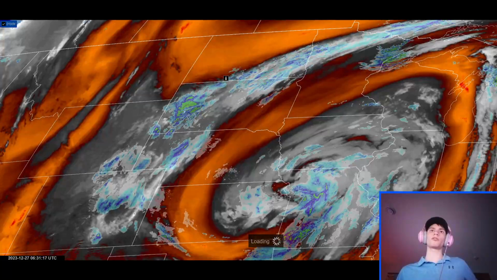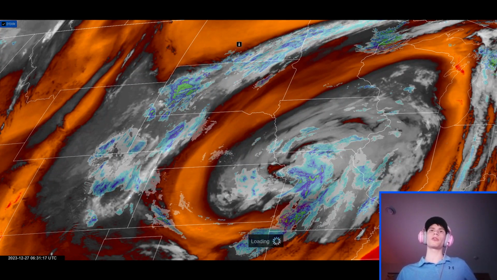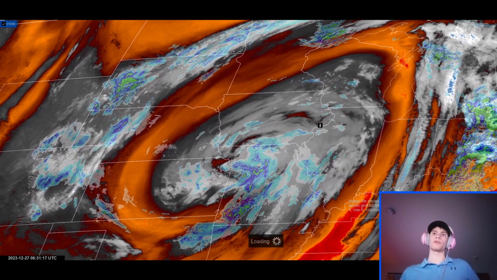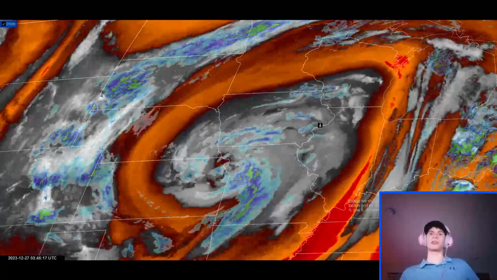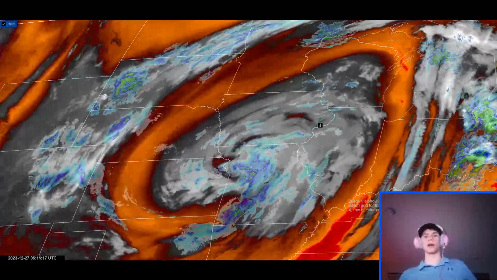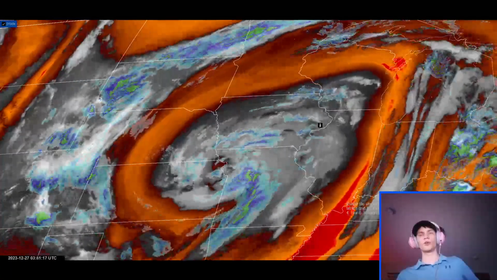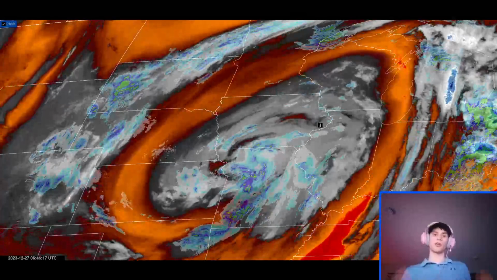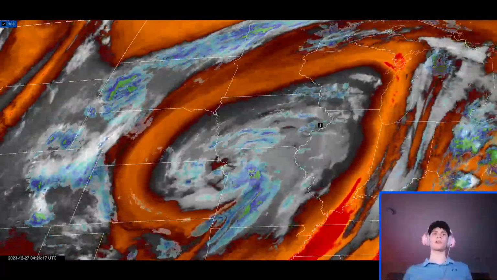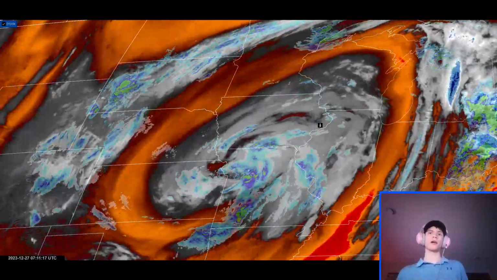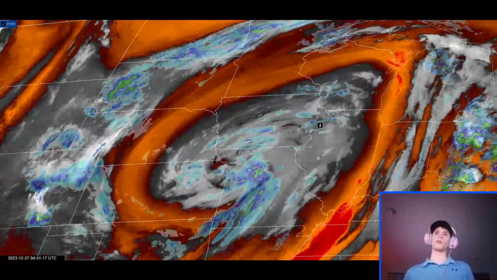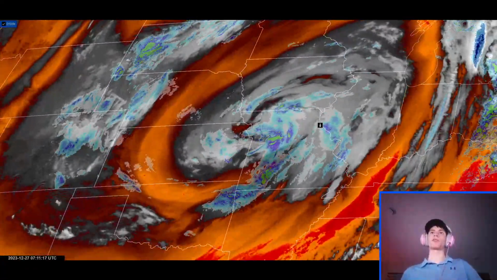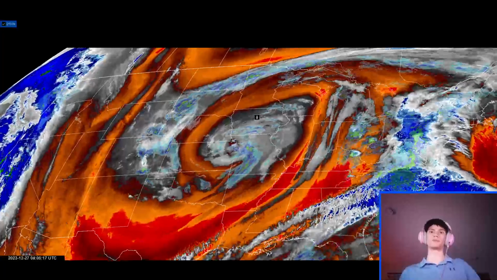Here on the radar imagery, there's not a whole lot going on anymore. That pretty much tells you that it's at its peak and it's starting to slowly die out. So that's why we had a lot of rain, and that's why the rain was prolonged. It's because of this massive cyclone right here.